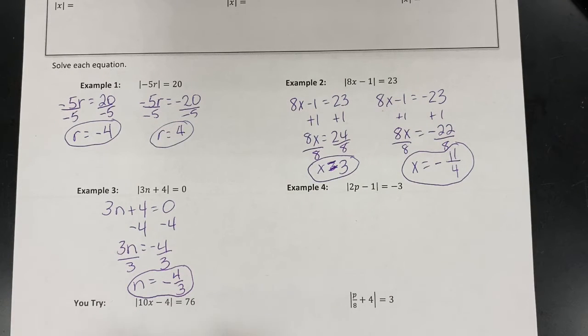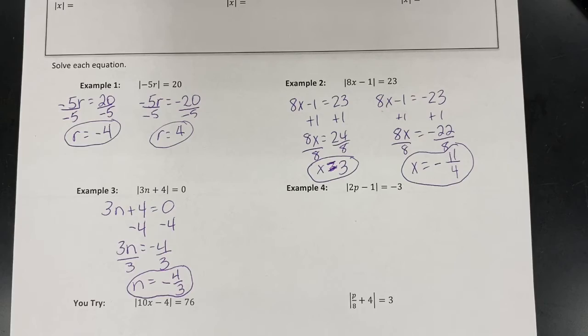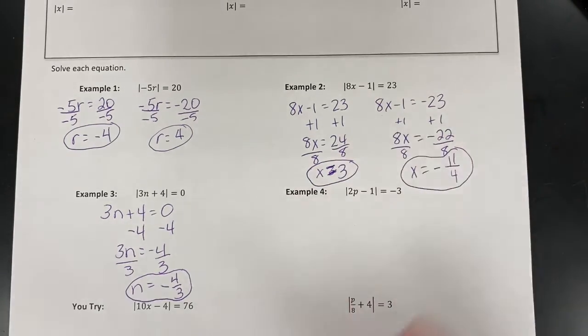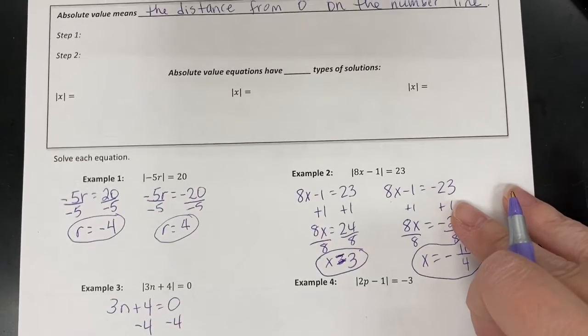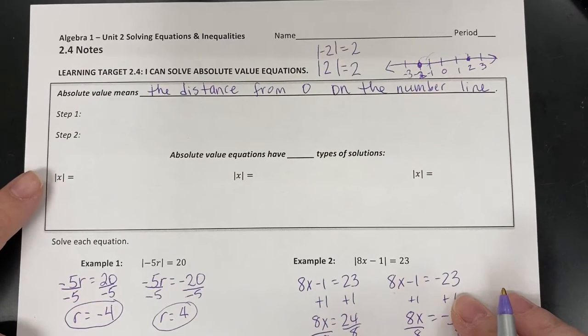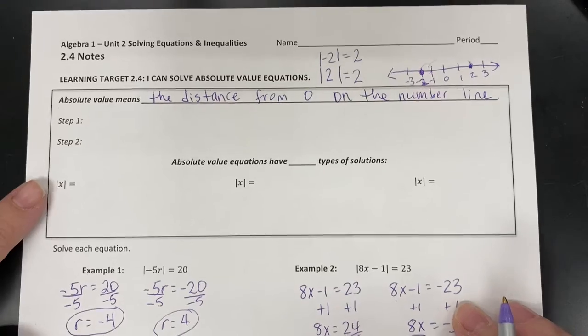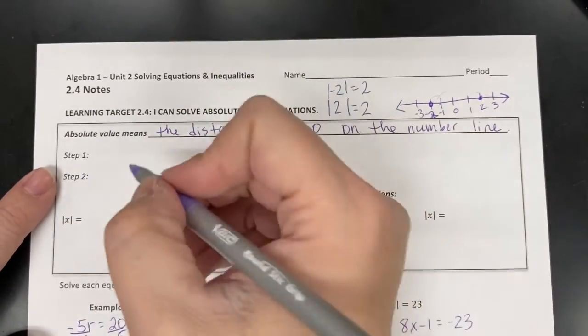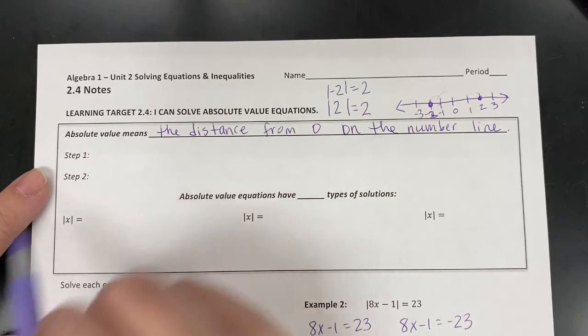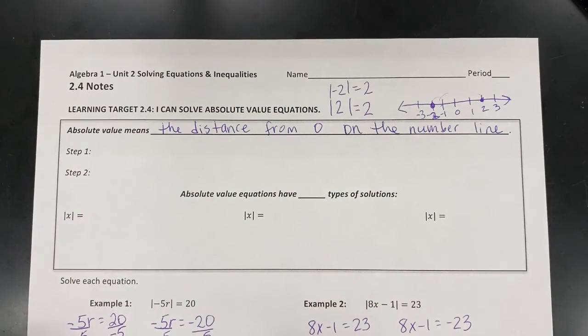I want to take a minute and fill in some of the notes at the top. So based on the things that we've learned, I know that when we're doing this, we should set up two separate equations. So I'm going to actually write that in step 2 because I know it's coming and I know that I need to write something else in for step 1.